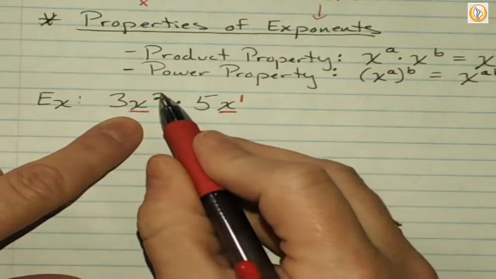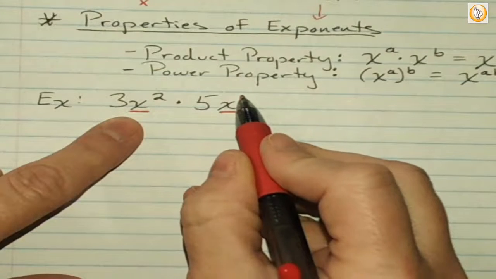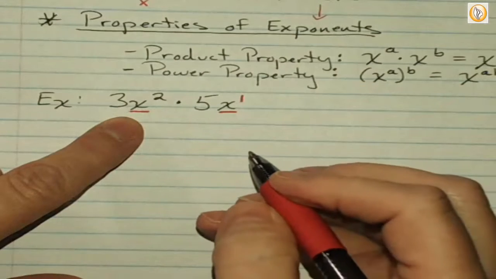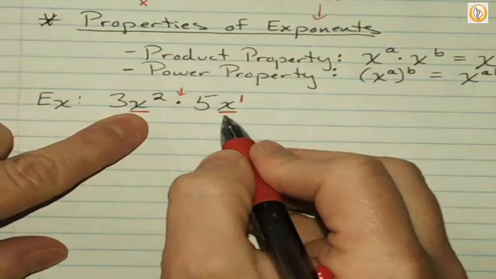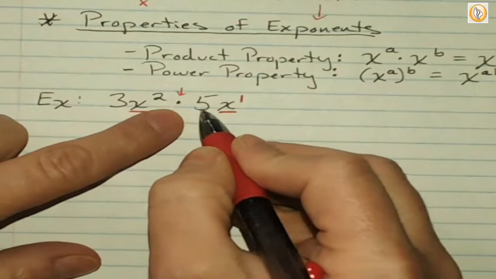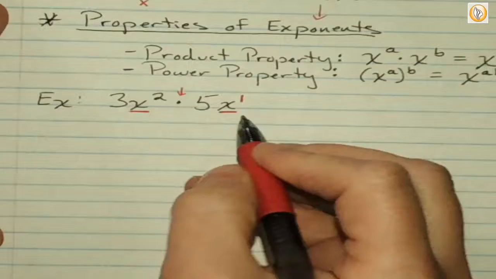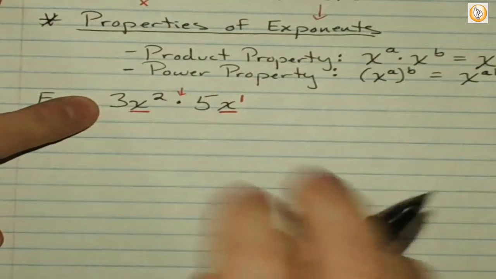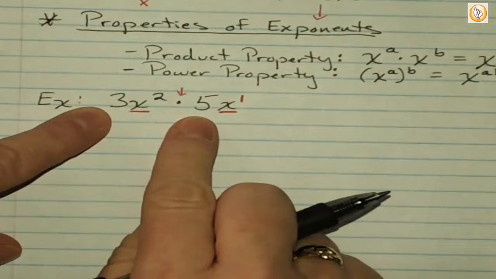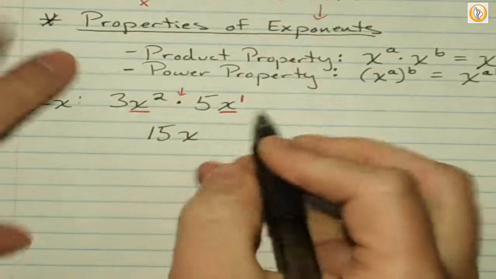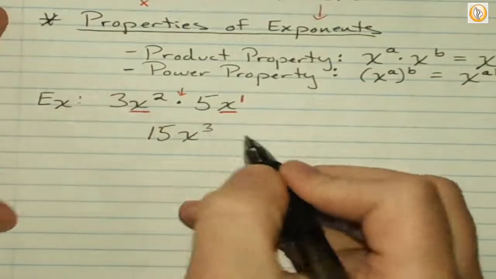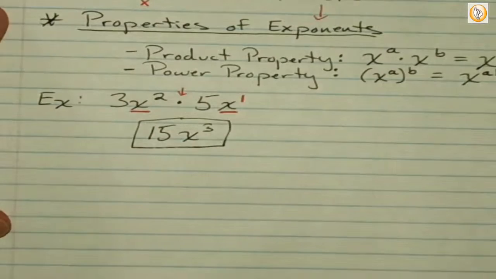We're multiplying, so what do we do to the exponents? That's right, we add them. Because the bases are the same, the x, we're multiplying, so we're going to add the exponents. So what is 3 times 5? Anyone? 15. x to the third. There's your answer.